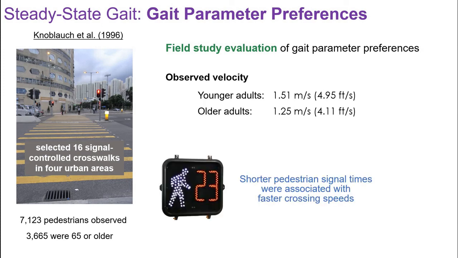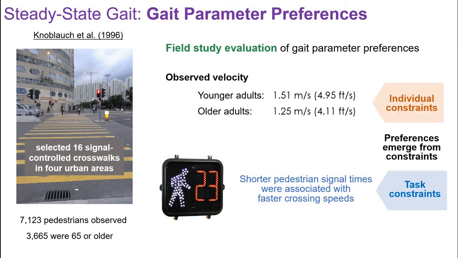And crossing speeds were much faster when there were shorter pedestrian crossing times on the crosswalk signal. Consistent with the systems approach, what we're seeing here is that gait cycle parameter preferences depend upon age-related changes in the constraints of the individual and in changes in the task constraints associated with the permitted crossing times.